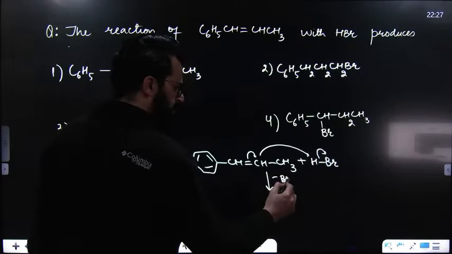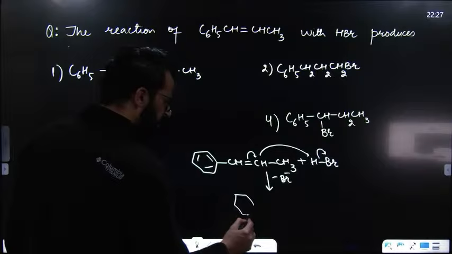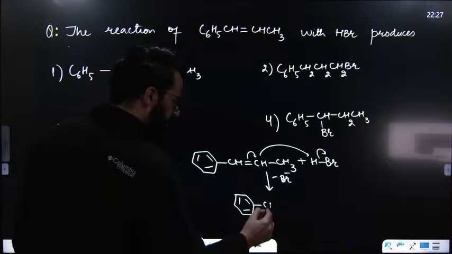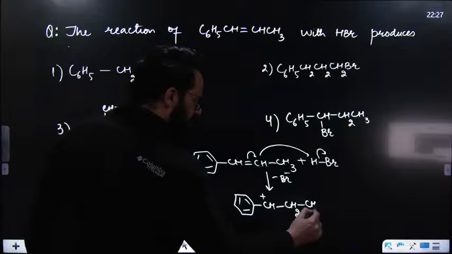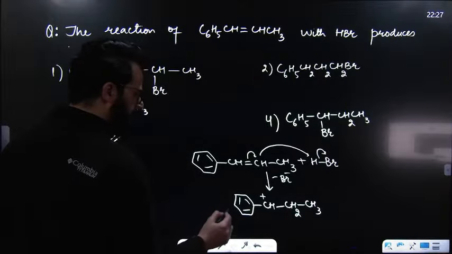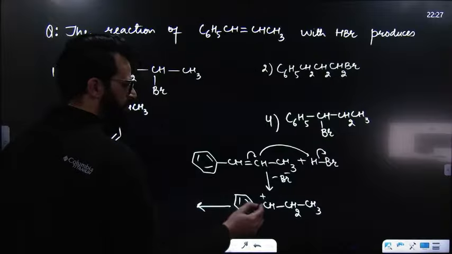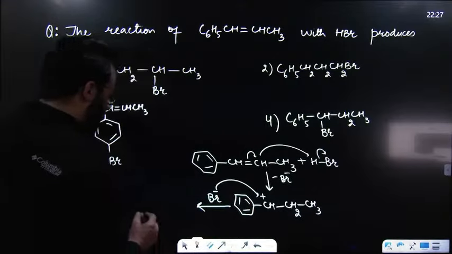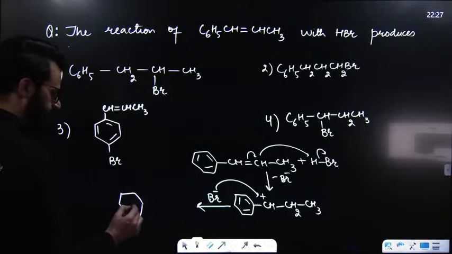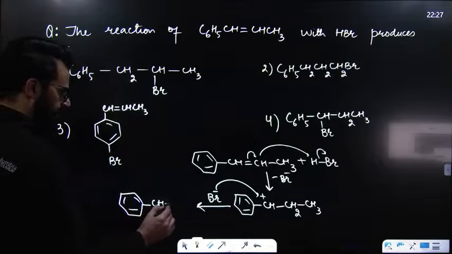Br will be lost and we will get a resonance stabilized carbocation over here. As this is a very stable resonance stabilized carbocation, there will be no rearrangement. Hence, bromine will attack this carbocation and we will get this one.